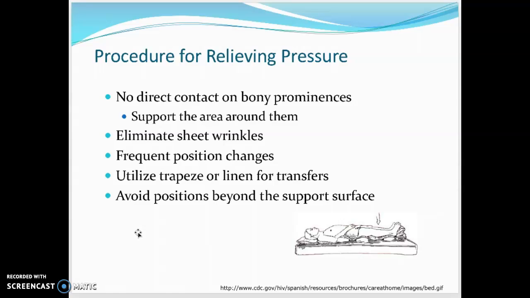Often there are draw sheets in hospital beds that are an additional sheet that is used just for helping patients to move, and it'll often be about the level of the scapula, and so people on both sides of the bed are able to use that sheet to lift the patient and slide them up in bed, for example, or from side to side. And we want to avoid having a patient having an extremity hanging off the edge of the bed. That's obviously going to be problematic.